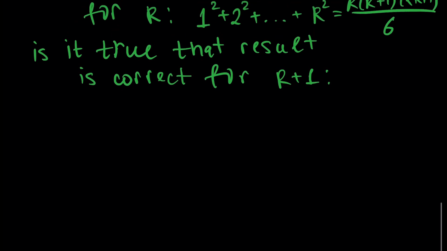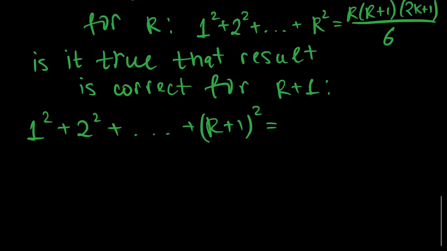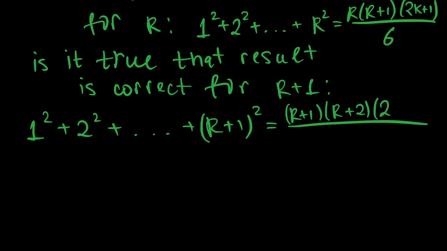Or in other words, 1 squared plus 2 squared plus and so on plus k plus 1 squared is equal to k plus 1 times k plus 2 times 2k plus 1 divided by 6. So is this true?